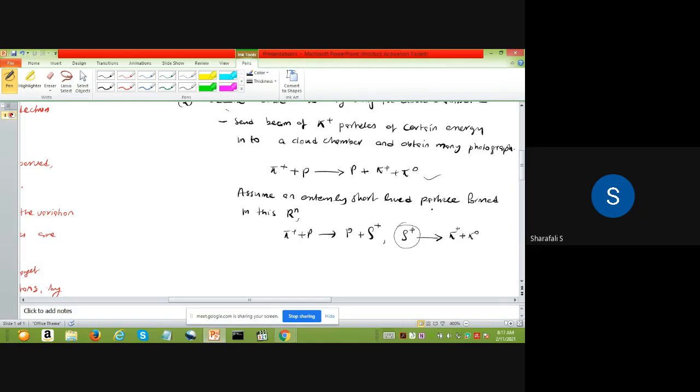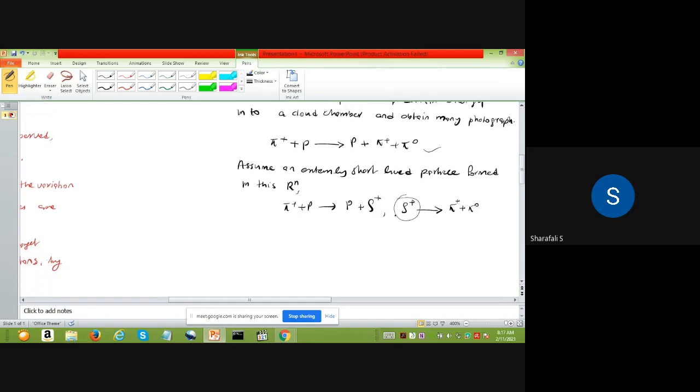So if you consider the energy of this particular interaction, this rho plus is an extremely short-lived particle, which can't be observed in photographs.